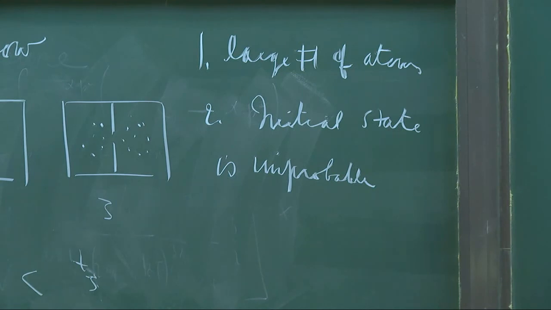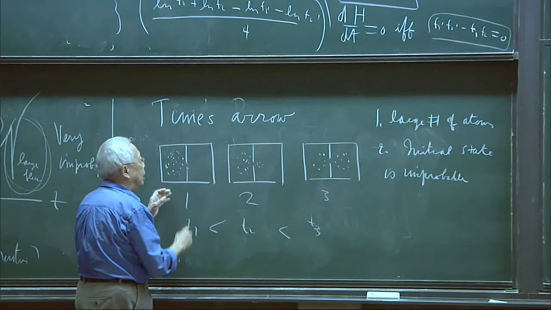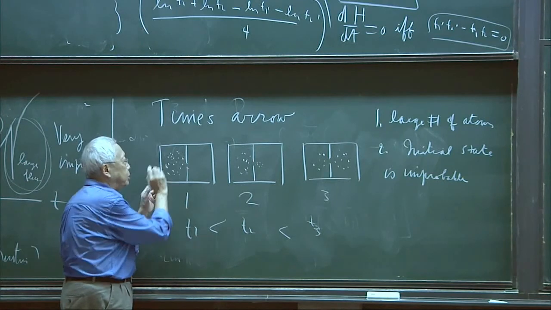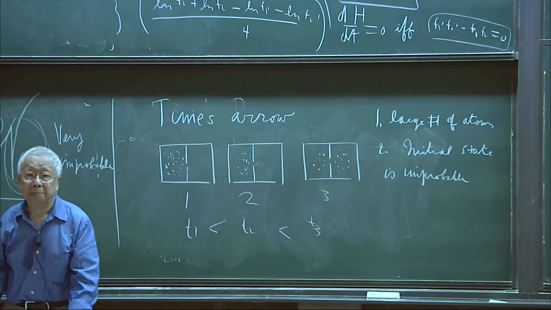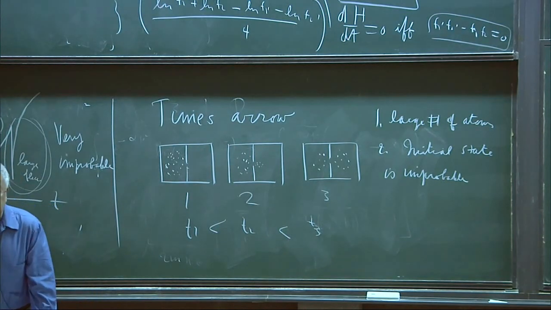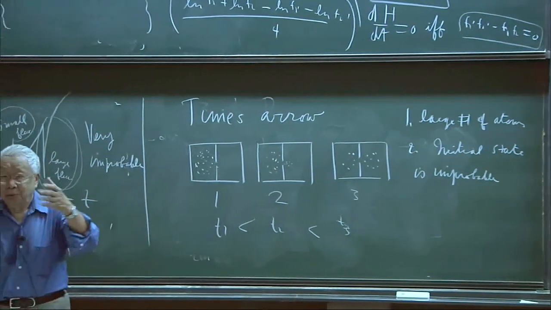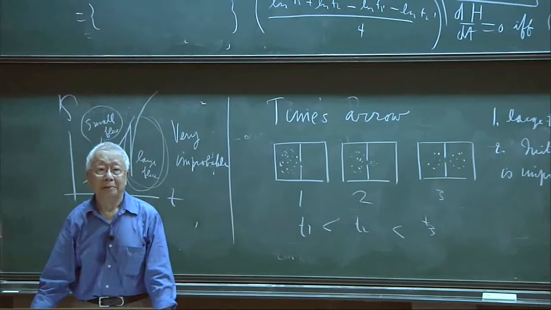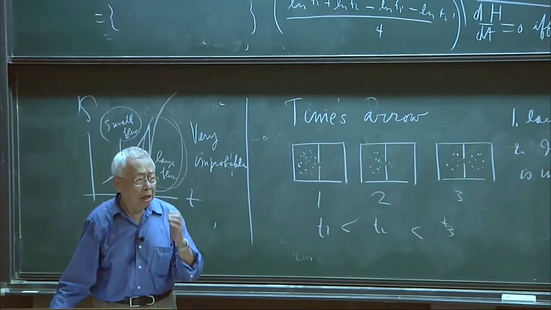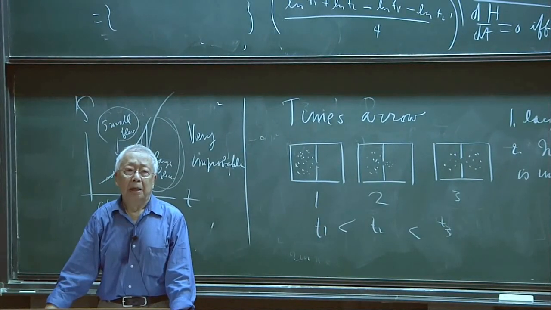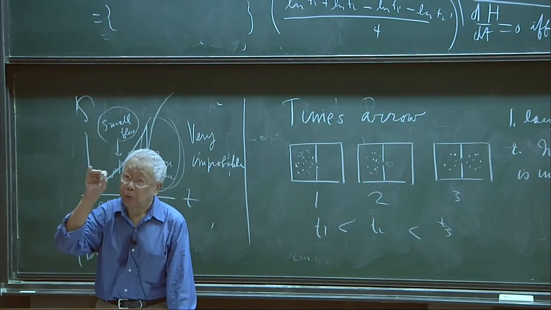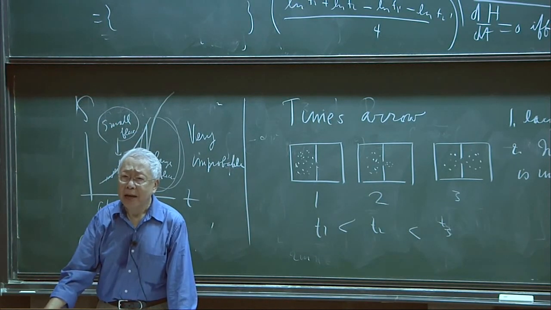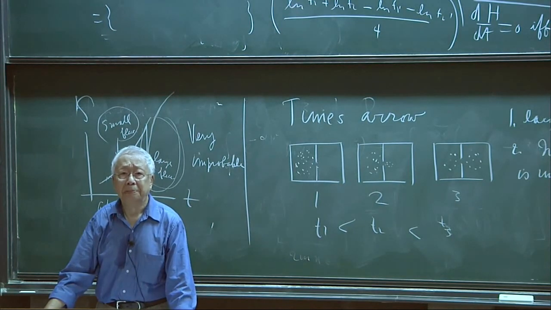Because if you consider the phase space of this system, the fact that the gas occupies this one side is a very small area in the phase space. So it would like to go into a bigger area. And so the improbability of the initial state gives you time's arrow. The state goes from an improbable situation to a more probable situation. And that's not an arrow in time. This is a probability.